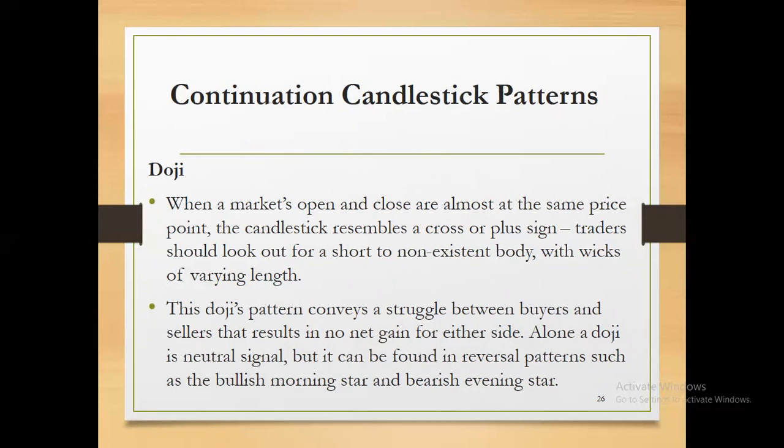This doji pattern conveys a struggle between buyers and sellers and results in no net gain for each side. Alone, a doji is a neutral signal, but it can be found in reversal patterns such as the bullish morning star and bearish evening star. And when you see it in between a trend, it could give you hope that the trend will continue.